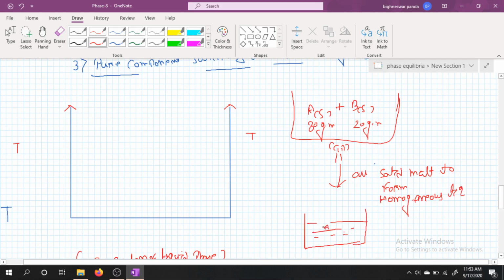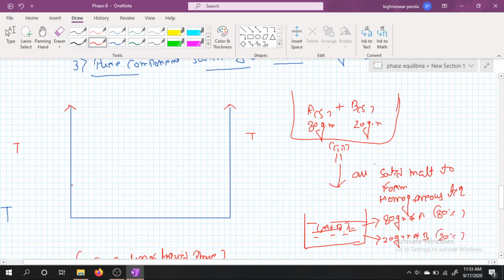Here A and B both are liquid, but this liquid phase contains 80 gram of A, 20 gram of B, that is 80% of A, 20% of B.